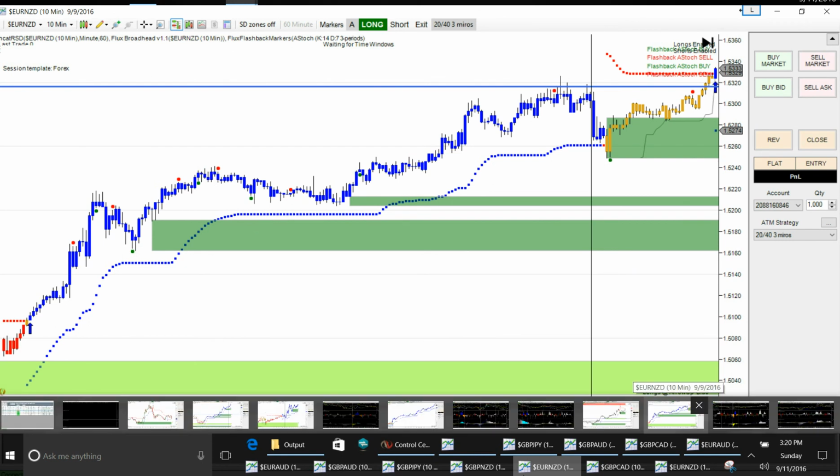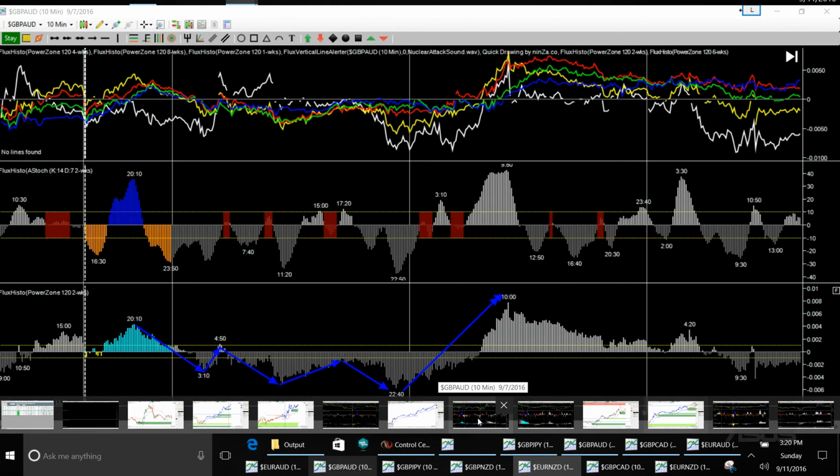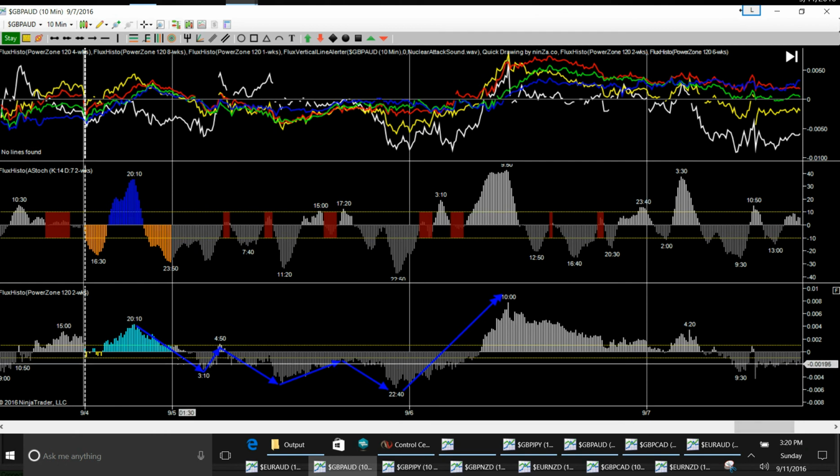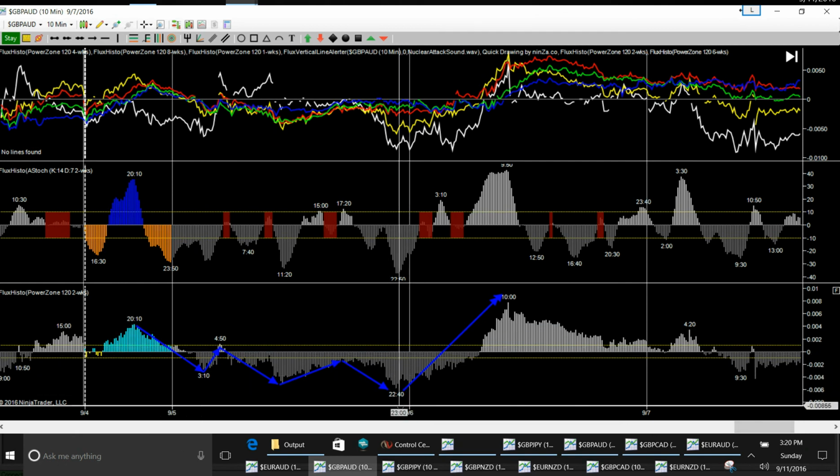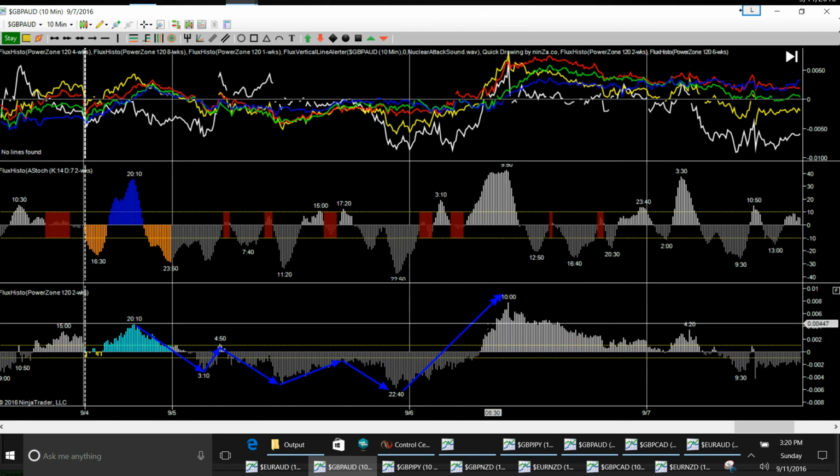Pound CAD, we went over everything, and I think I already did the power zone. It just takes longer to analyze the bigger one. But like I said, with the pound Aussie, I see some movement here, but I'm looking at this one here at 22.40 up to 10. That looks probably like the best move.